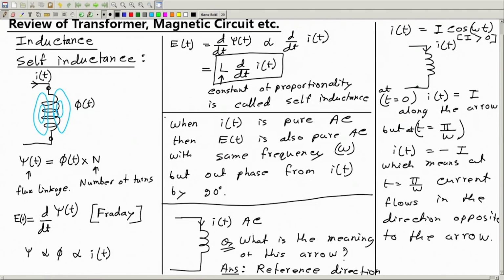Now suppose I connect an oscilloscope, then we will see that this voltage is varying sinusoidally when this current is also sinusoidal.